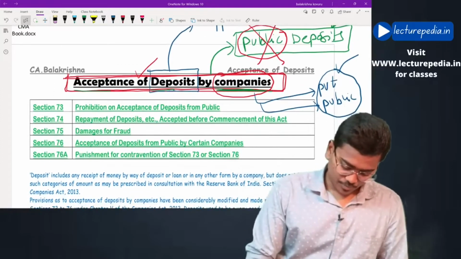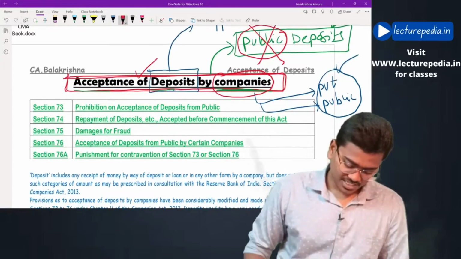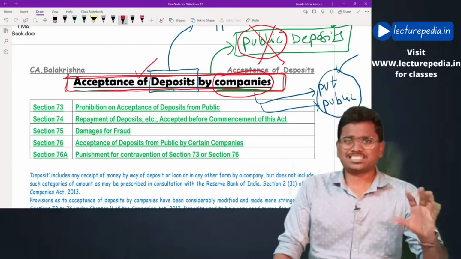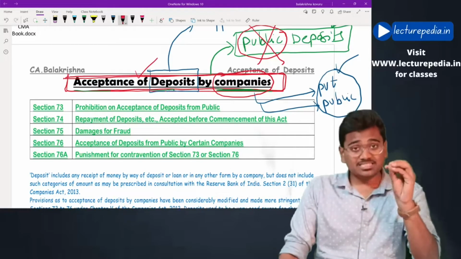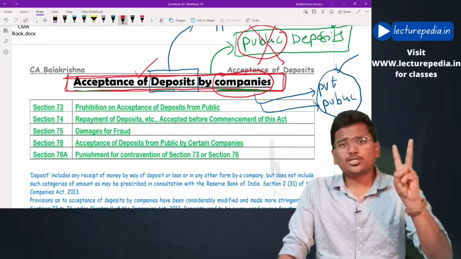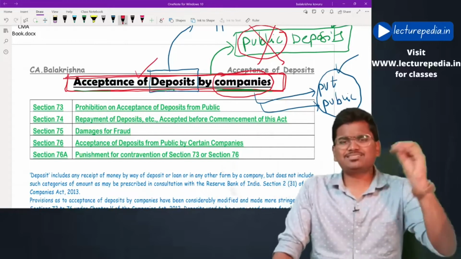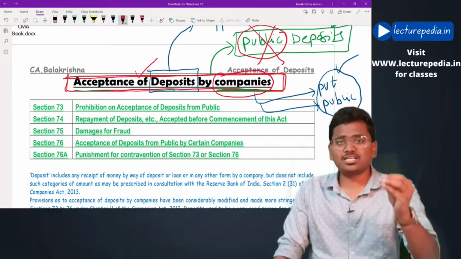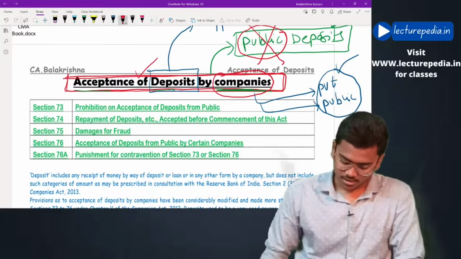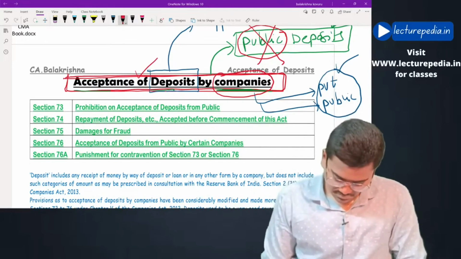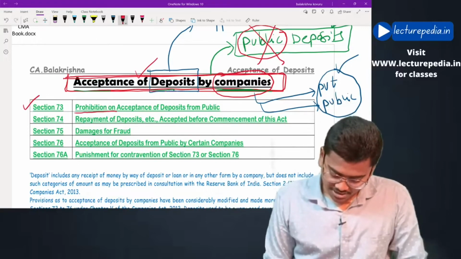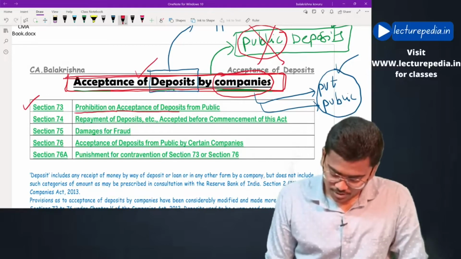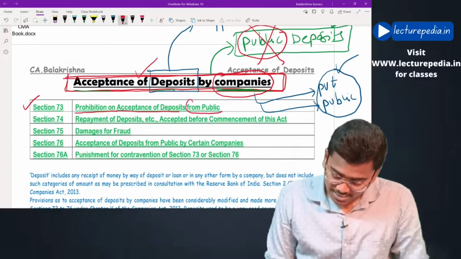This is a brief idea of this deposits chapter. There are 5 sections covered under this deposits chapter. Of these 5 sections, only 2 sections are important. The remaining 3 are very small and fairly irrelevant sections. Section number 73 deals with prohibition on acceptance of deposits from public.